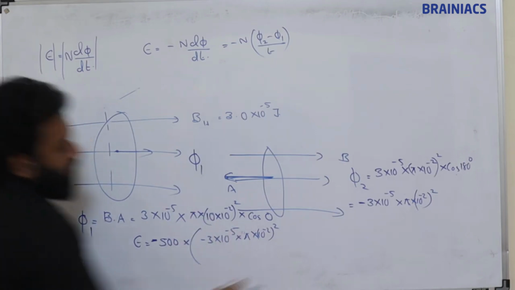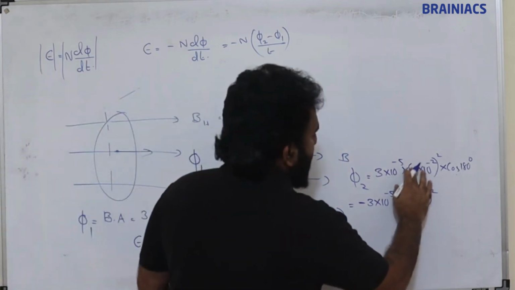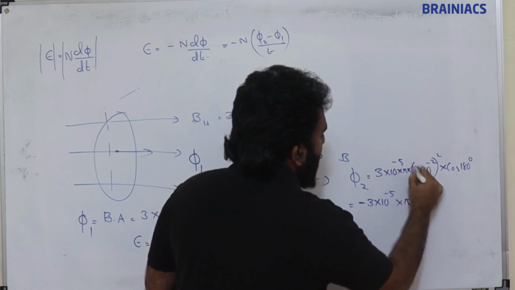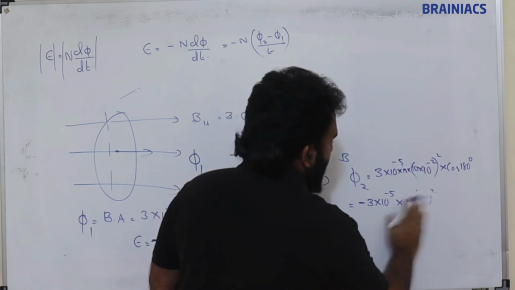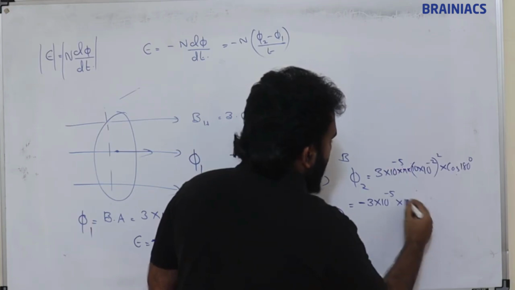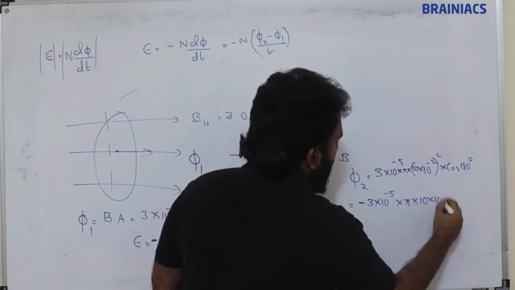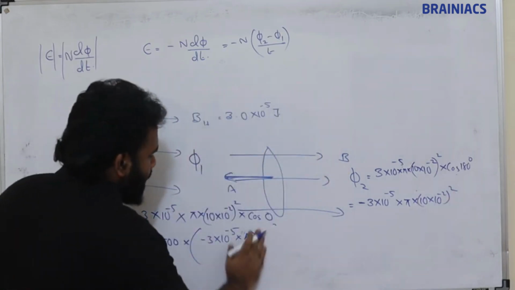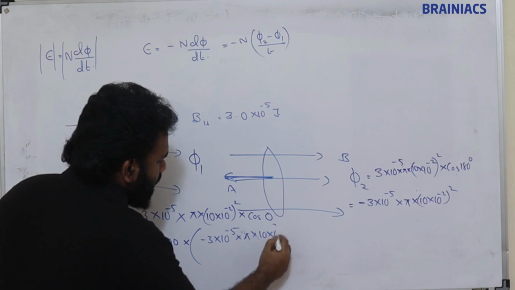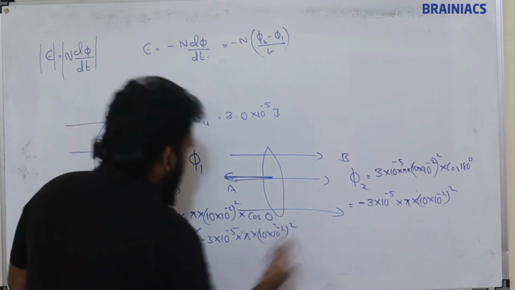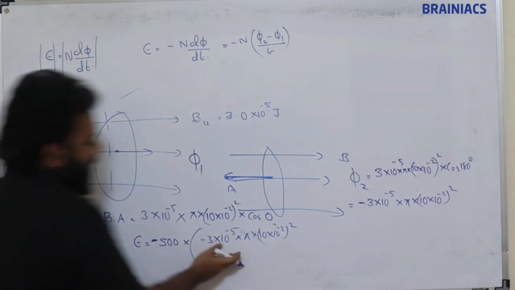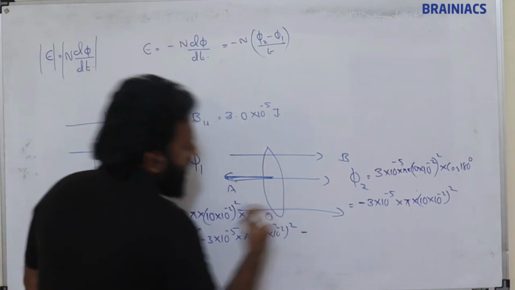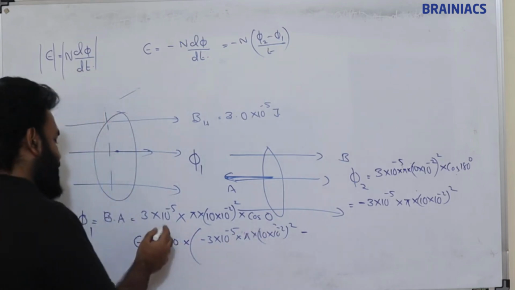So here, pi into 10 into 10 raised to minus 2 the whole square. This is phi2, phi2 minus phi1.